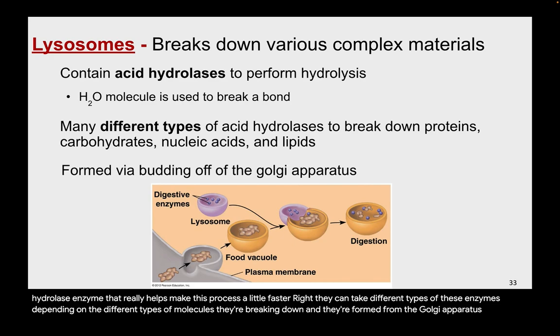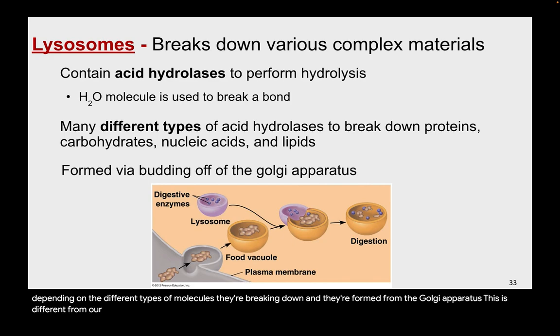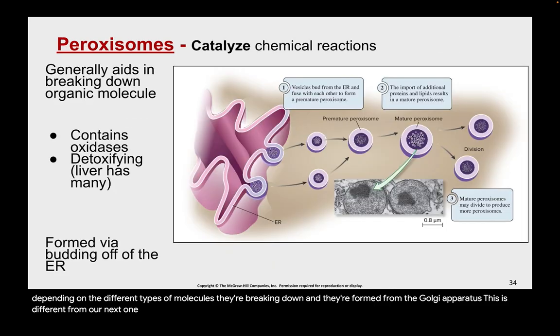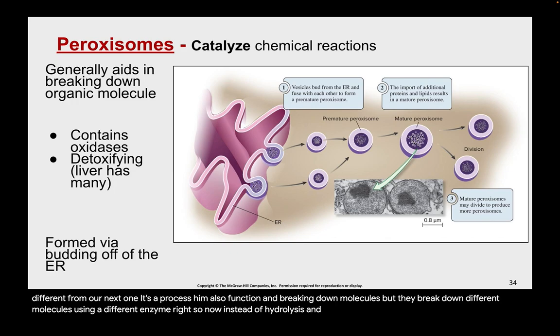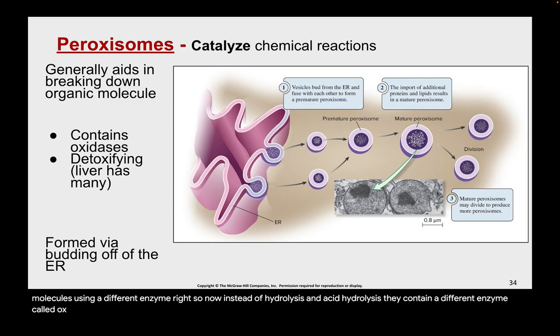This is different from our next one, peroxisomes. So peroxisomes also function in breaking down molecules, but they break down different molecules using a different enzyme. So now instead of hydrolysis and acid hydrolases, they contain a different enzyme called oxidases to help break down the molecule.